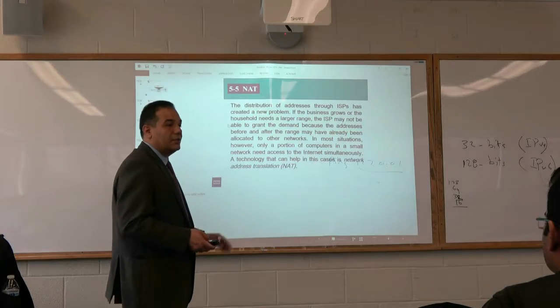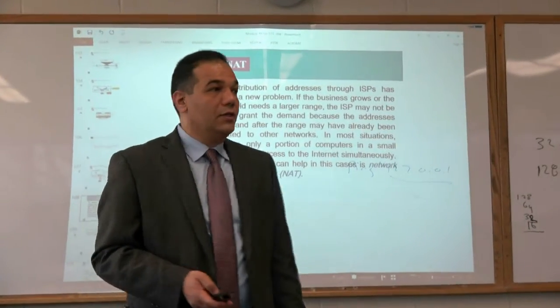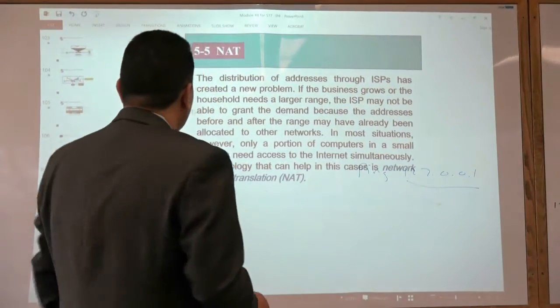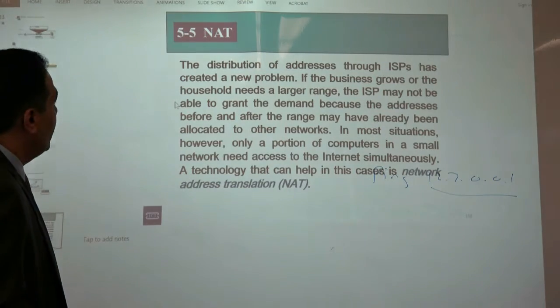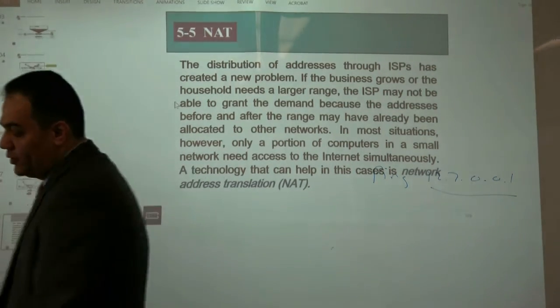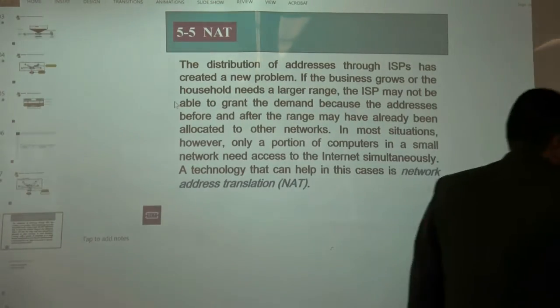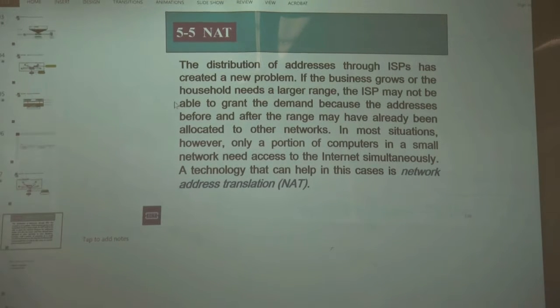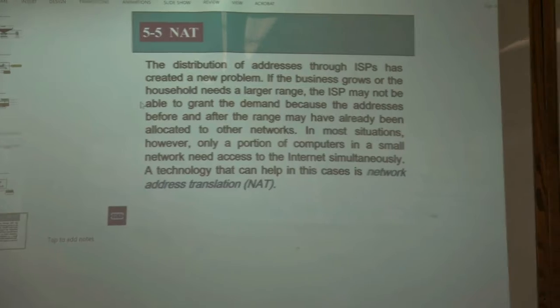NAT. You know what NAT is? Network Address Translation. All right. So with NAT, the distribution of addresses has created a new problem, which is that there are not enough IP addresses. So to save IP addresses, let's say that in your home you are a student who cannot afford to buy many IP addresses.